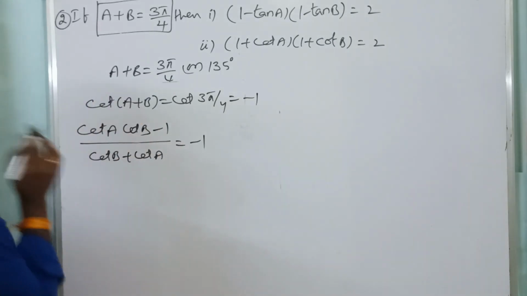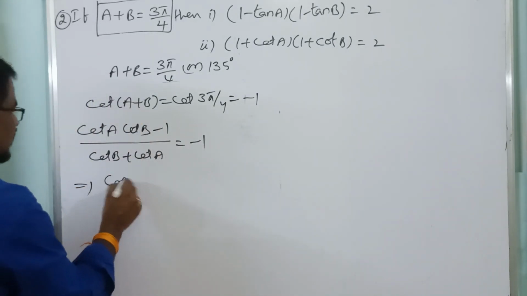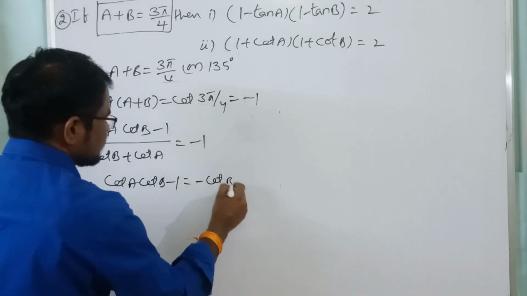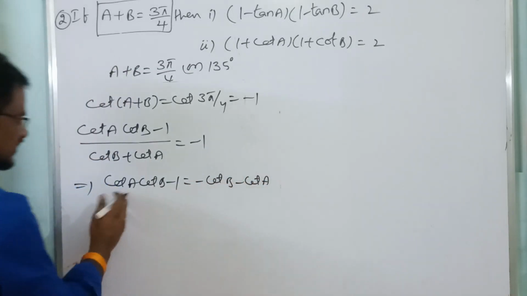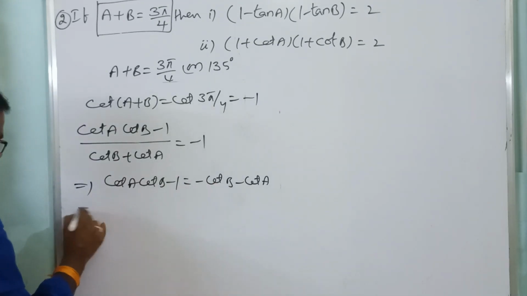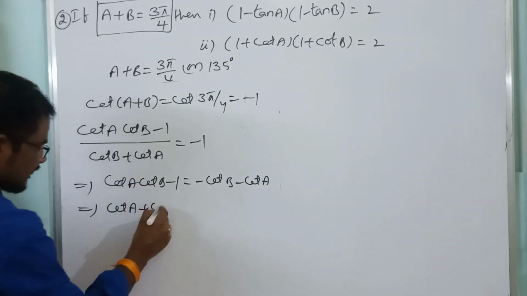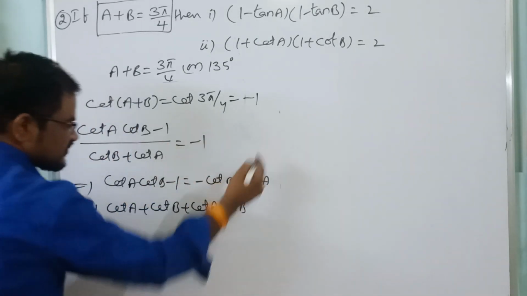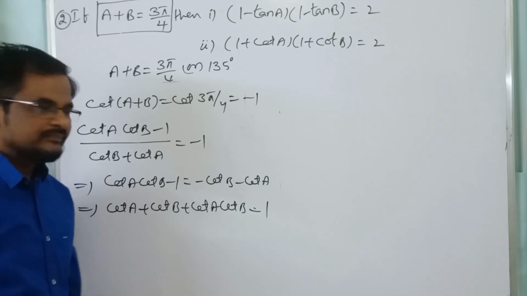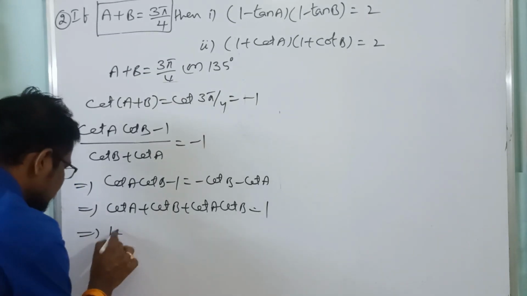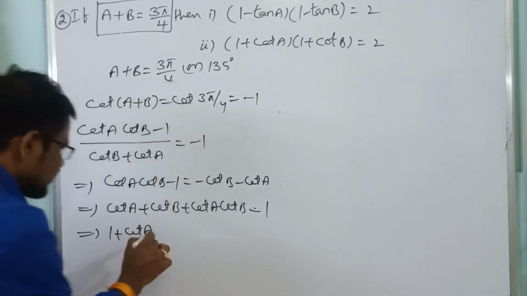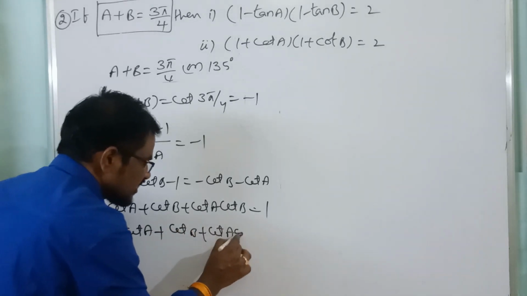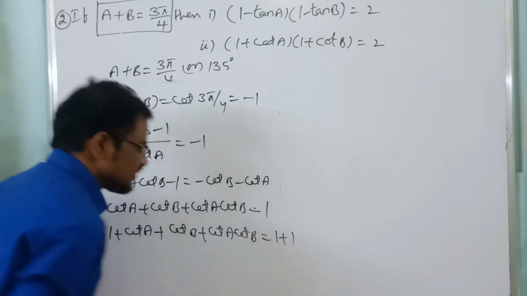Now cross multiplication: cot A cot B minus 1 equals minus cot B minus cot A. These minus values bring to this side. So cot A plus cot B plus cot A cot B, with minus 1 brought to that side, equals 1. Adding 1 on both sides like the previous one: 1 plus cot A plus cot B plus cot A cot B equals 1 plus 1.